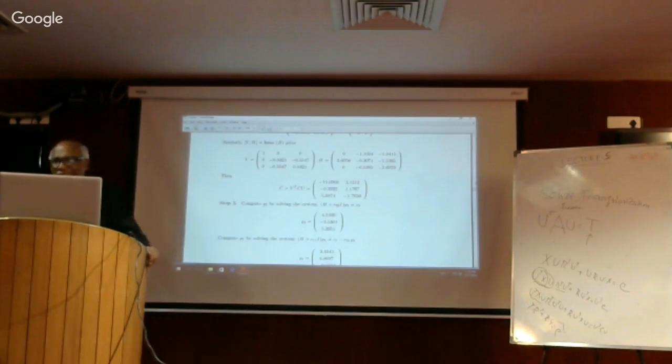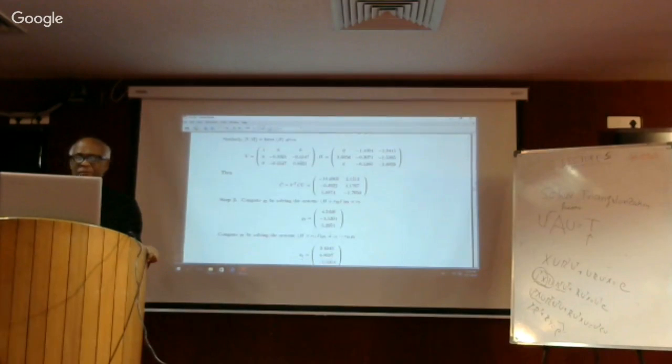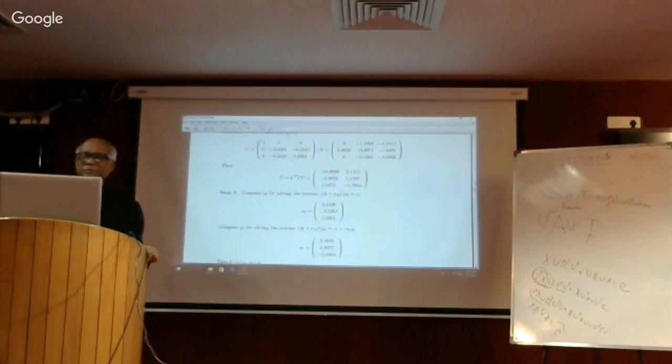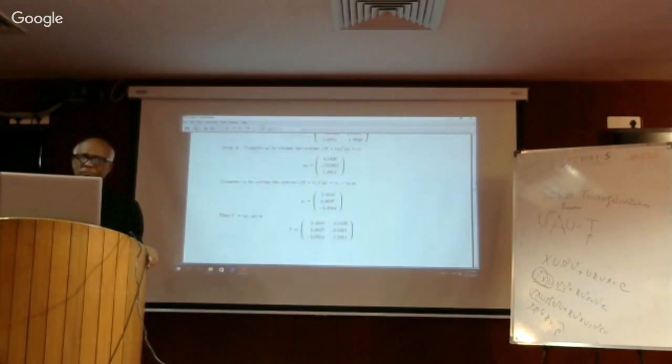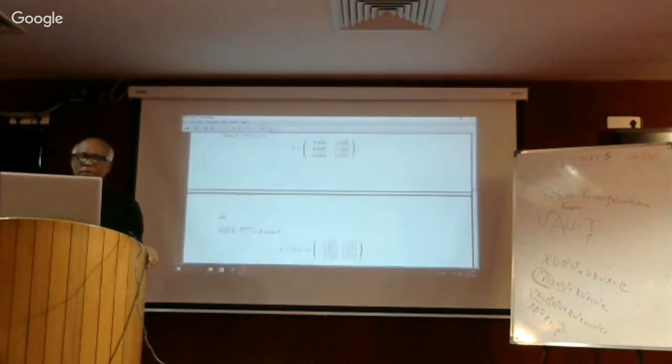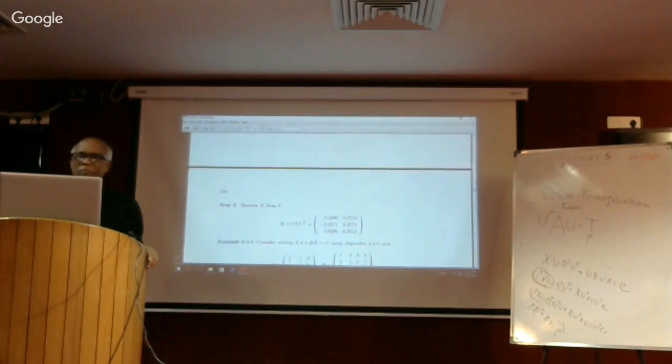We first compute y2 by solving this Heisenberg system. Then once y2 is computed, you can compute y1 by solving another Heisenberg system, and you are done, because Y has only 2 columns here, y1 and y2. And once Y is computed, you can recover X from Y by multiplying by B to the left and B transpose to the right. That's it.